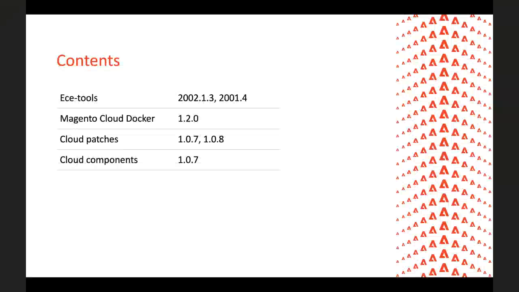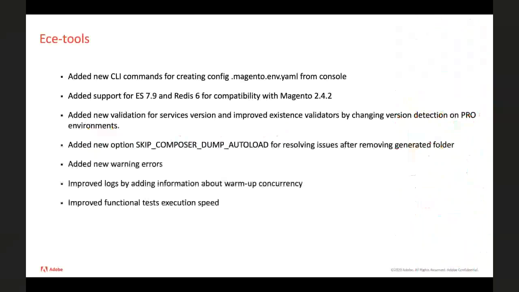Let's take a look at what exactly we included in our releases. I'm going to start with ECE-Tools. We added a new CLI command for creating the config file called magento.env.yaml from the console.